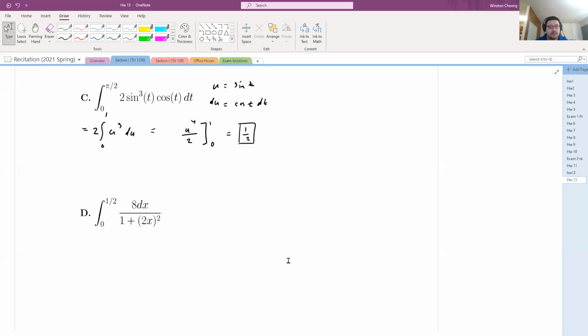Okay. So part D. Let's see. So how do I want to say this? You should be immediately drawing a connection between this integral and this one.